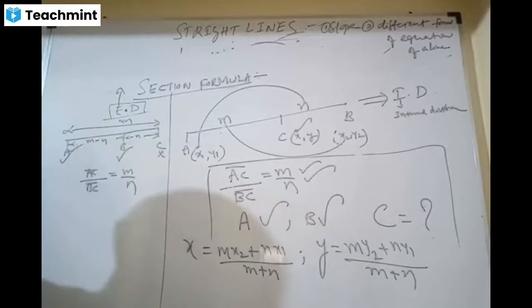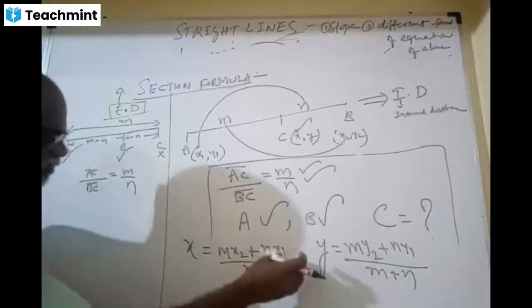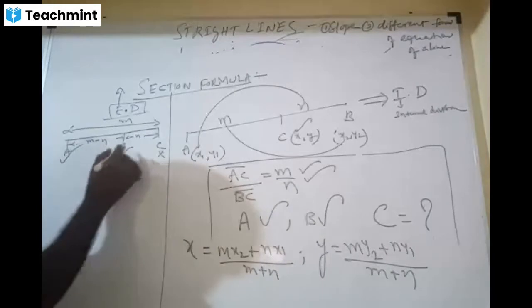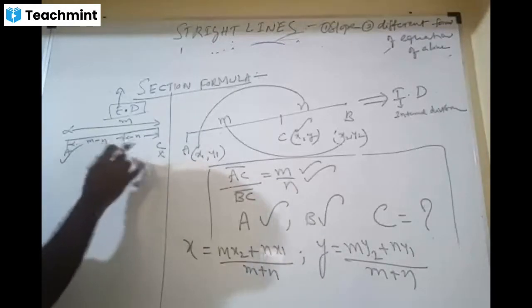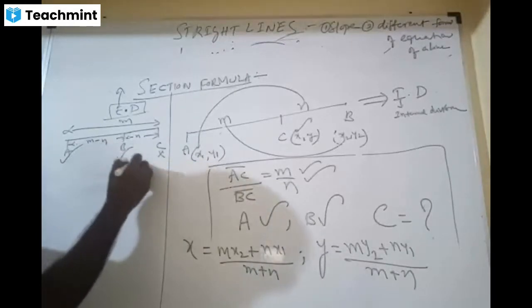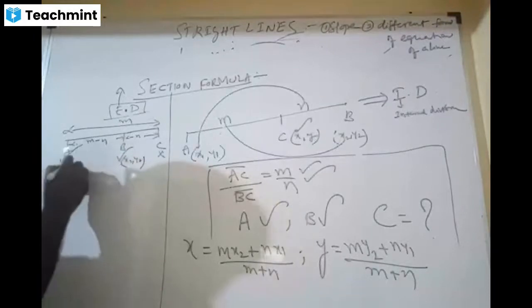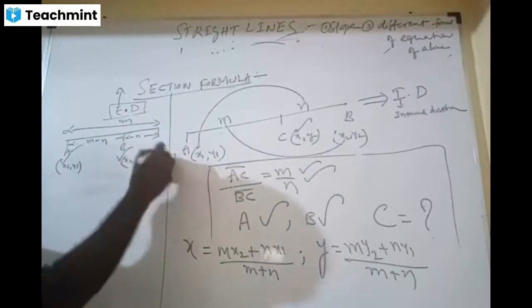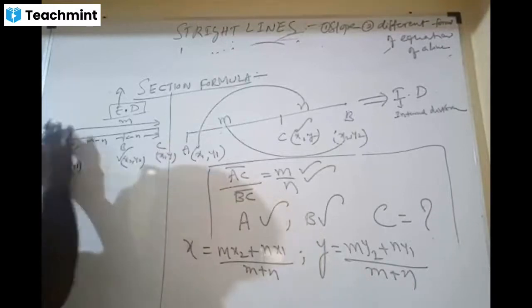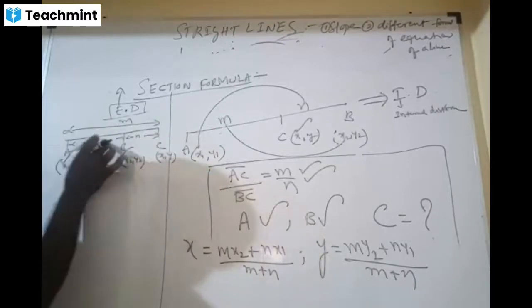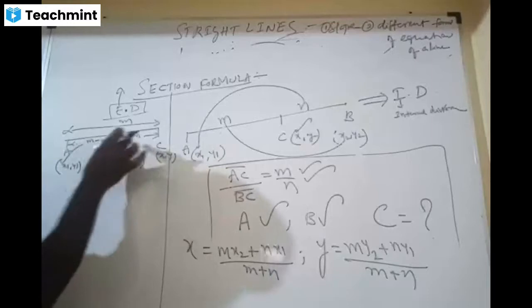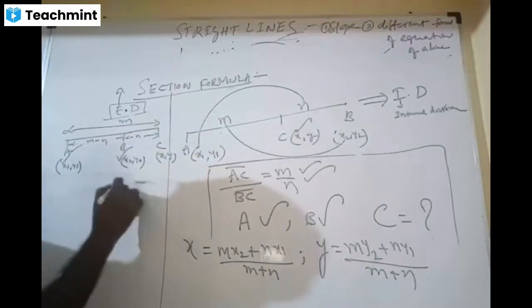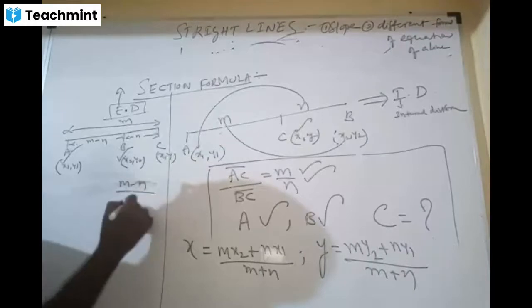Now take the same internal division formula. B is the middle one, with coordinates x2 y2, this is x1 y1, and the unknown point is x y. Forget about the outer m and take the ratio m minus n to n, so AB by BC is m minus n by n.